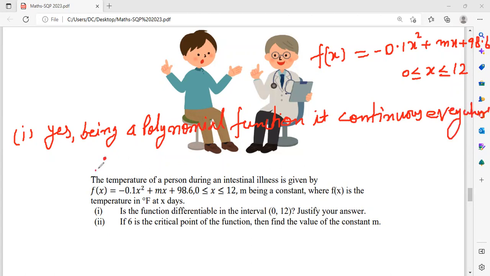Therefore, it should be continuous in this closed interval they have given, 0 ≤ x ≤ 12. So part 1 is done. You need to write just this.